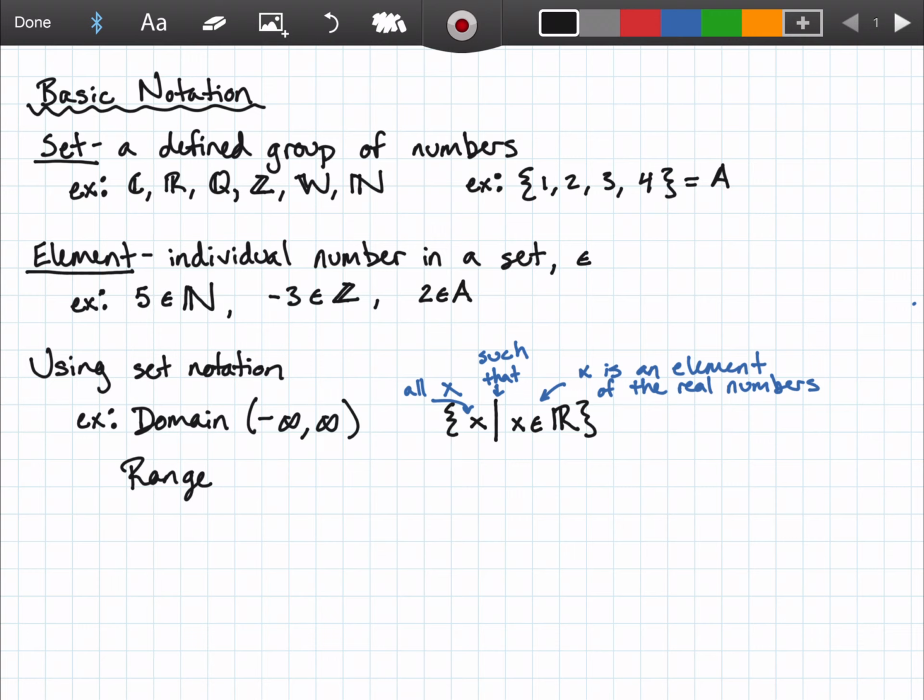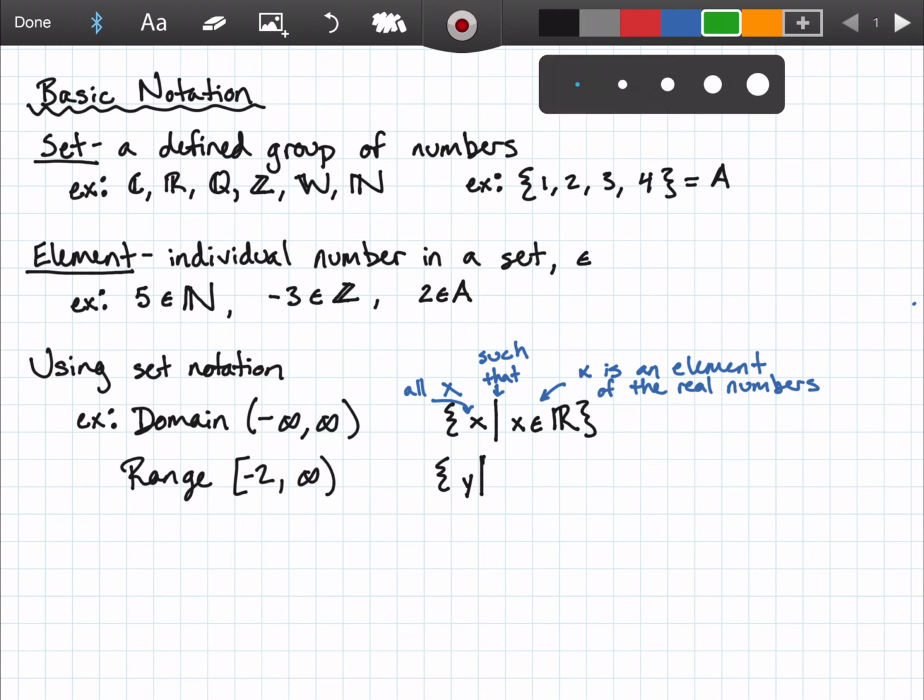Let's say the range of said parabola is going to be from -2 to +infinity. Well, this time, range is dealing with y. So y such that, or this is just part of a definition, is that line part. So you're saying I'm picking all my variables y, and y could be in the range such that, well, you see this is -2 and bigger.